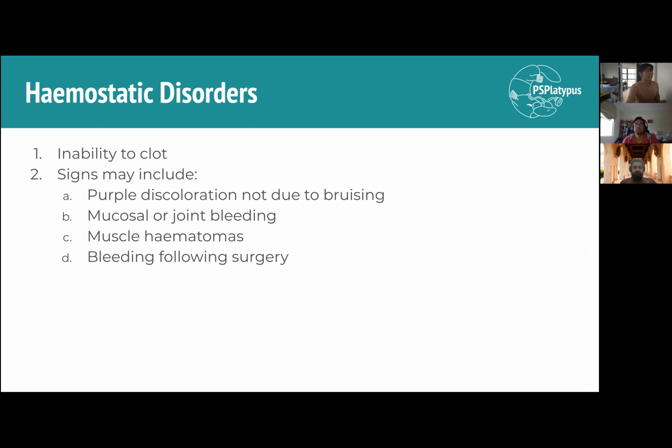Then we have hemostatic disorders, which result in the inability of a person to have their blood clot, and signs may include purple discoloration that is not due to bruising, mucosal or joint bleeding, muscular hematomas, and increased bleeding following surgeries, as they don't have the clotting factors required to clot.